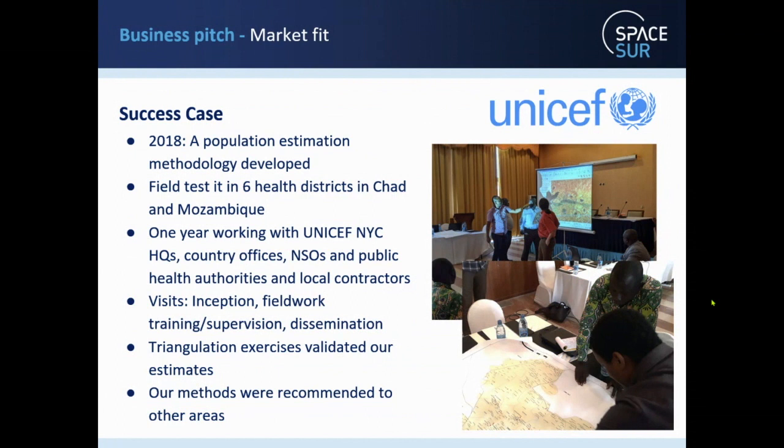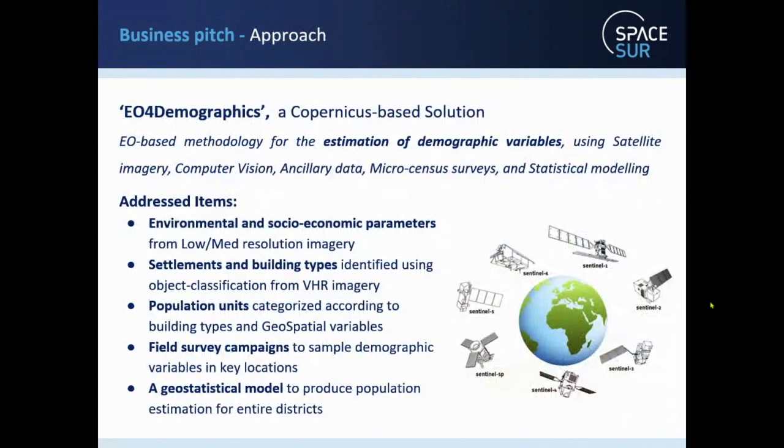We think that supporting the solution with Earth observation analysis and new technology can help them solve in a different way a very huge and complicated problem. And we got it. This was our first case with UNICEF, and we developed, and are still working with them on, our EO-based methodology for the estimation of demographic variables.